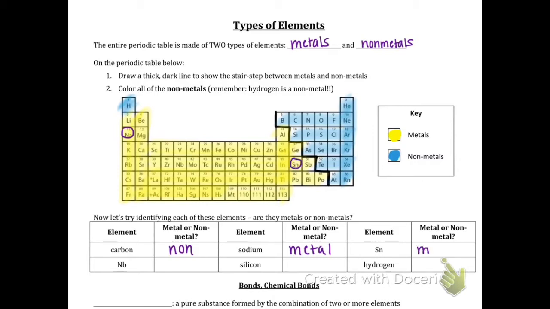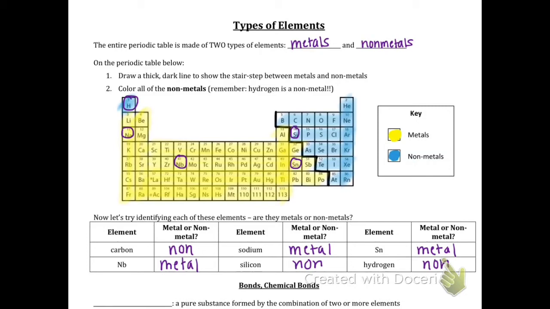That is a metal. Nb, niobium, is right here. Ooh, that is also a metal. Silicon is right here. That is a nonmetal. Hydrogen is over there. That is a nonmetal. It's on the metal side, but it's the only nonmetal.